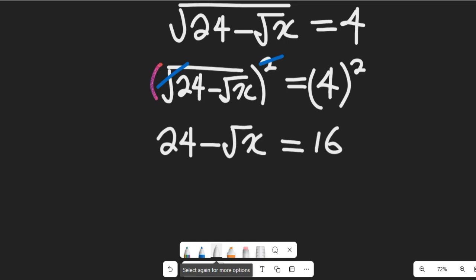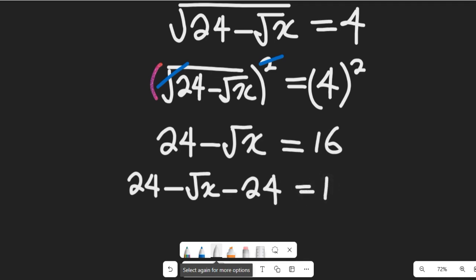Now in this next step, to simplify, we're going to subtract 24 from both sides. So this is going to give us 24 minus the square root of x minus 24, and this will be equal to 16 minus 24, right?